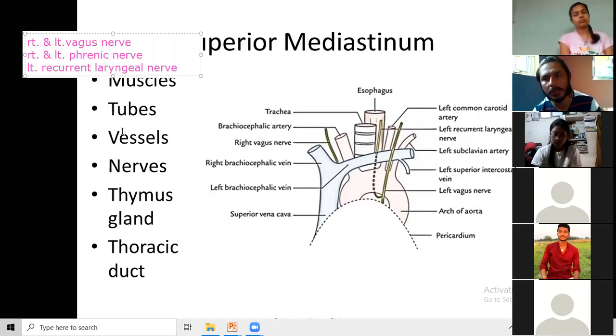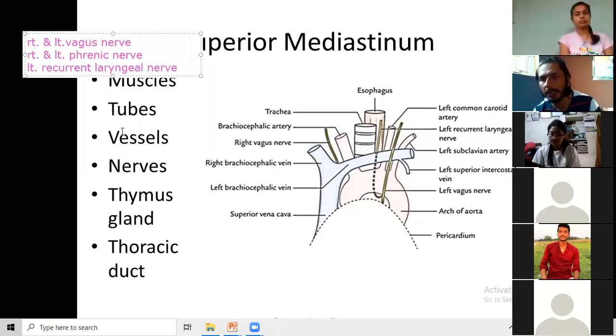Thymosin hormone is required for the maturation or the formation of the T lymphocytes. The T lymphocytes are the cells of cellular immunity or cell-mediated immunity. You know cell-mediated immunity and humoral immunity, you may have read in physiology, I think so.